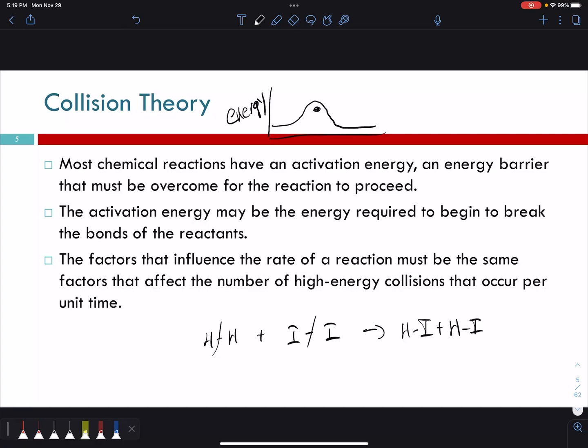So anything that affects how often they collide, and how much energy they collide with.